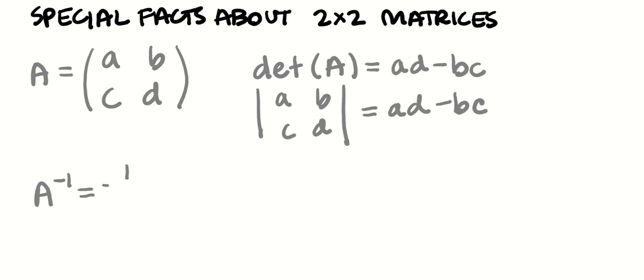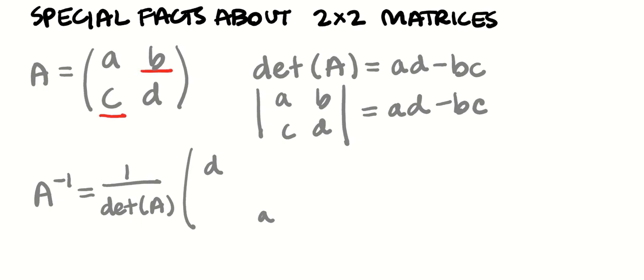It's one over the determinant of A, multiplied on the matrix where we switch these two, D and A, and then we make these two negative: negative B, negative C. I could write the determinant of A as AD minus BC, distribute that in, and put four things that would all be fractions. That would just be a lot.